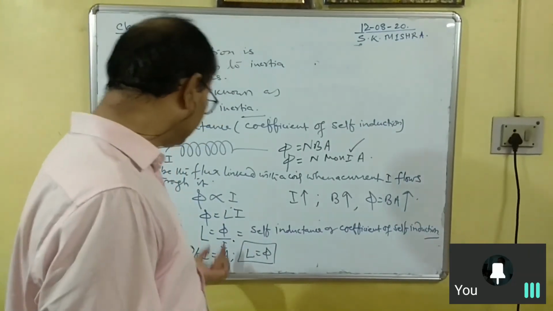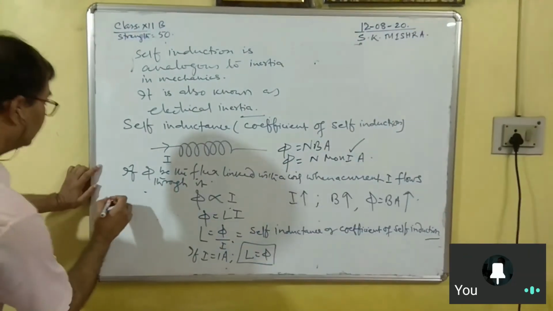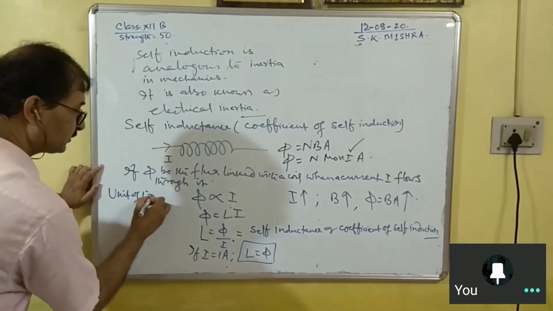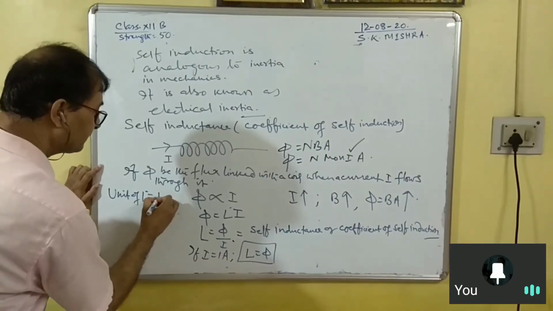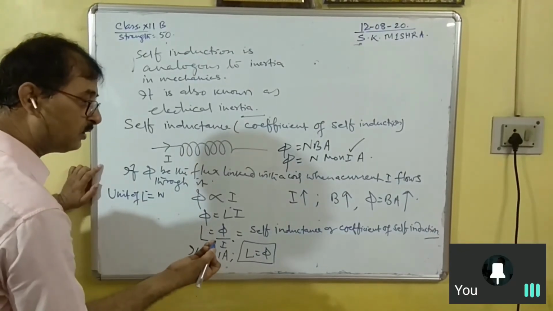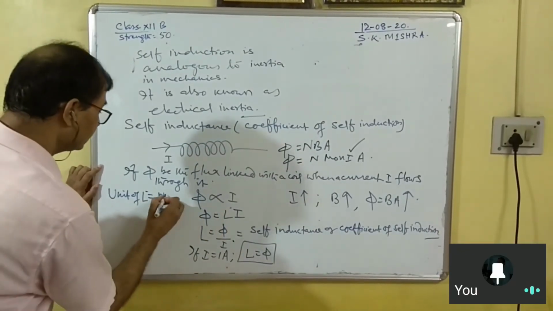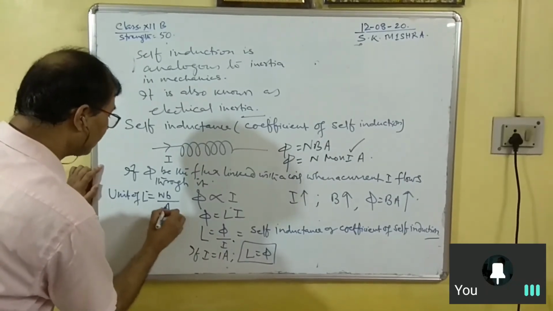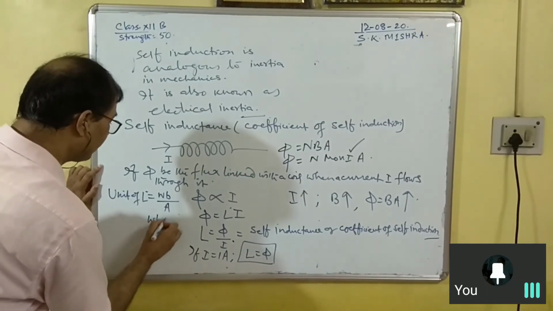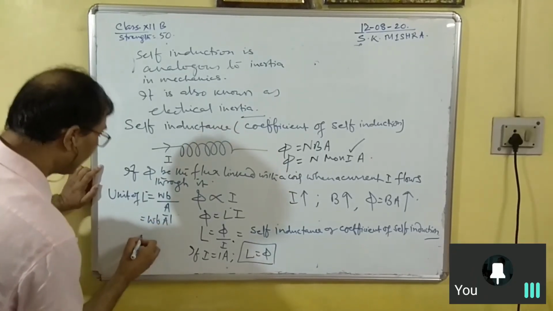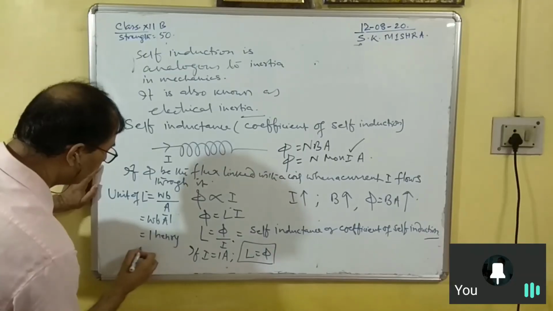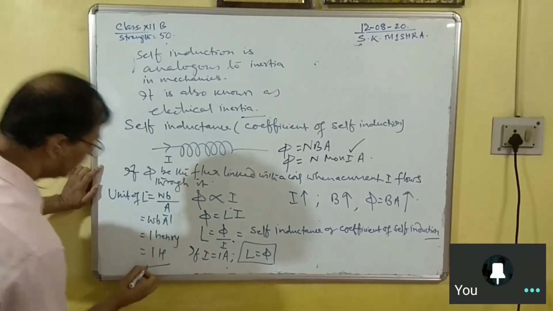I will tell you the unit of L. Phi is measured in Weber, Tesla meter square, also known as Weber. So Weber divided by ampere, Weber per ampere, is nothing but called Henry. 1 Henry, in short 1H.